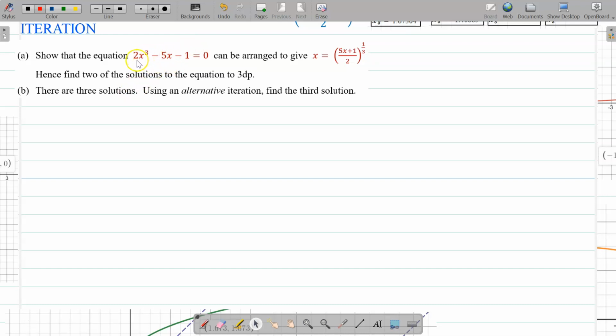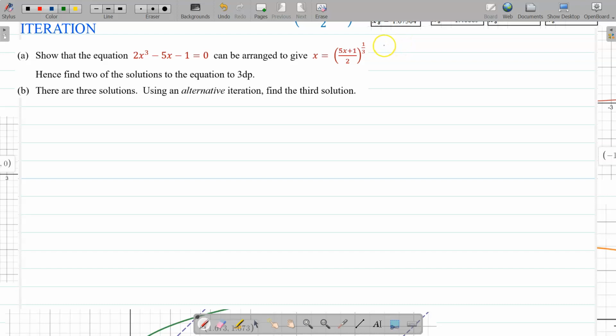We're told, first of all, to take this equation and arrange it to give this. So we'll do that first, and then I'll explain a bit more about how the iteration process works. So to set off, I'm going to simply do what part A asks me to.